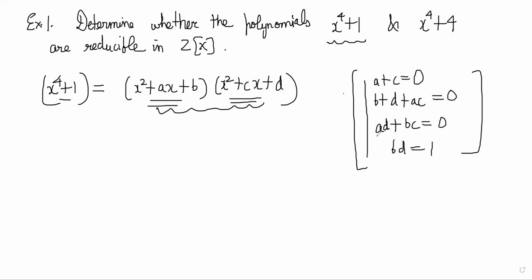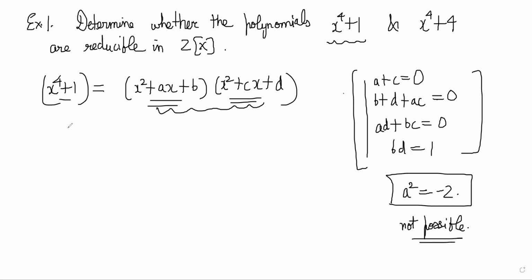And what you will see here is that when you solve this, you will get a square is equal to -2, which is not possible. So that is one way to deduce that it is impossible to factorize this in this way, right? So here we are using the method of undetermined coefficients. We are assuming unknown coefficients and finding equations on them and trying to solve it here, right?